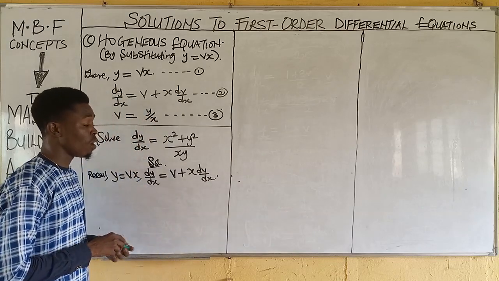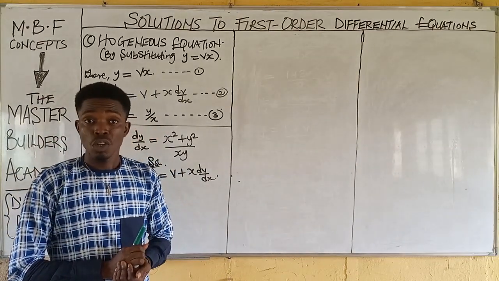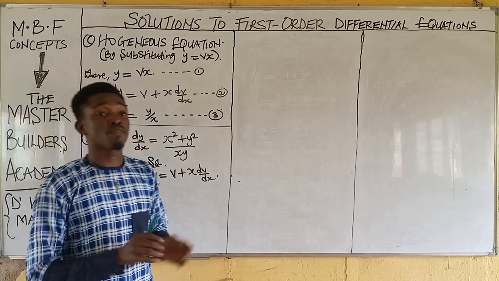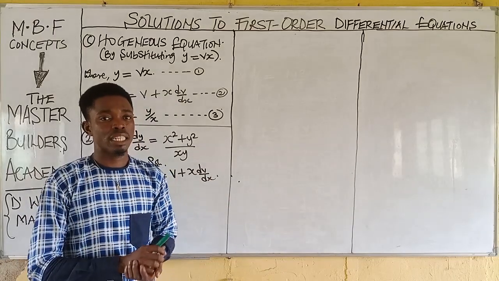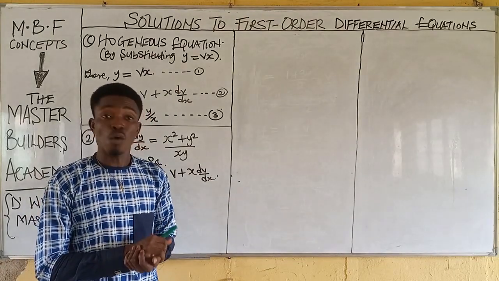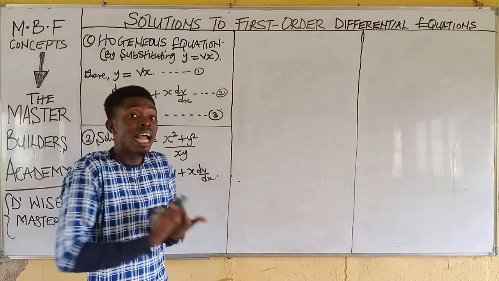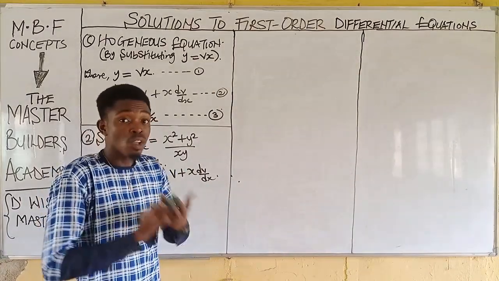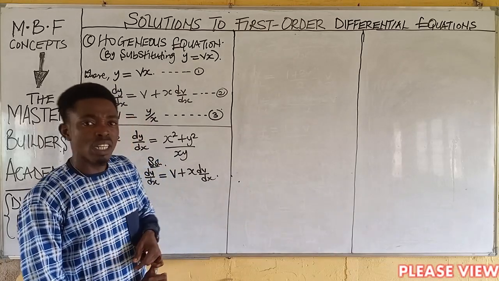Like I explained before, in any examination, nobody will state that you should solve the following equation using homogeneous equation. No, you are the one to identify the method that is suitable for any given question. And that's the reason why you need to pay attention to identify when to use separating the variable, when to use homogeneous, when to use linear equation, or even when to use binary equation.